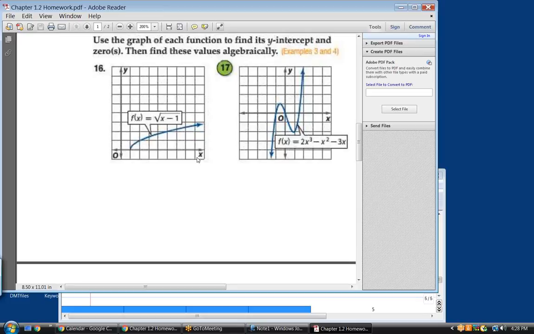The range will be y, y what? Equal to 0 or more. Greater than or equal to 0. Okay. This arrow, I guess, must mean that it goes in both directions to infinity.